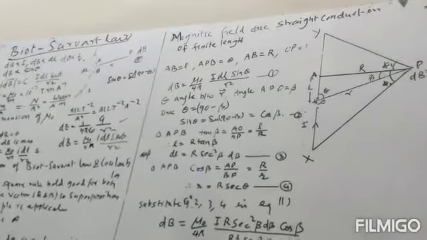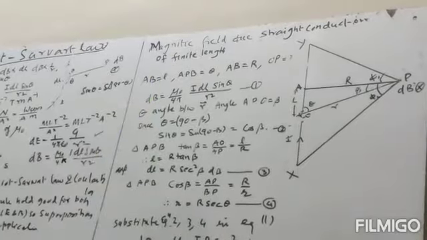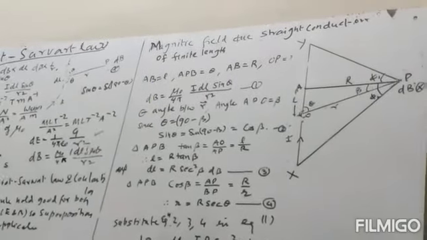So the application of the Biot-Savart law: the magnetic field due to a straight conductor of finite length.